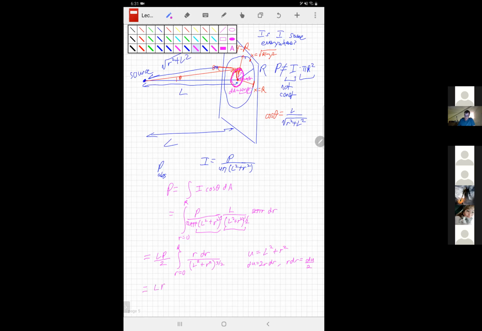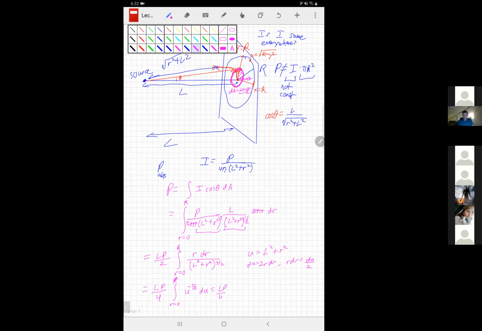So that becomes LP over 4. Technically I should change these variables of integration to U, but we'll just substitute back in at the end. Okay. So we need something whose derivative is u to the minus 3/2. That would be LP over 4.